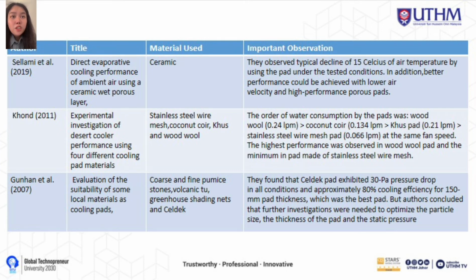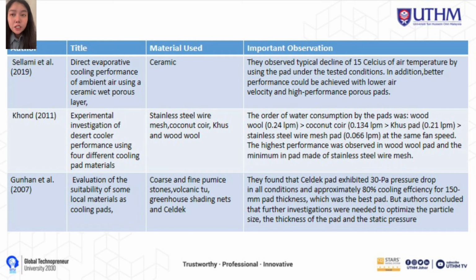The important observation I found is the order of water consumption by the batch: wood wool is 0.4, and then the coconut coir is 0.134, and then spruce pad is 0.21, and the last one is the stainless steel wire mesh pad, which is 0.066, at the same front speed. So the highest performance was observed in wood wool pad, and the minimum impact was made by stainless steel wire mesh.